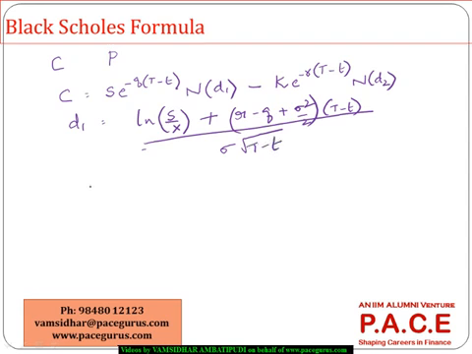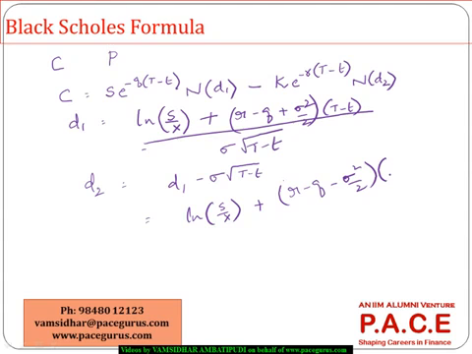This is what comes out as d1, and d2 comes out as d1 minus sigma root (T minus t), which works out as log(S/X) plus (r minus q minus sigma squared by 2) times (T minus t), divided by sigma root (T minus t).